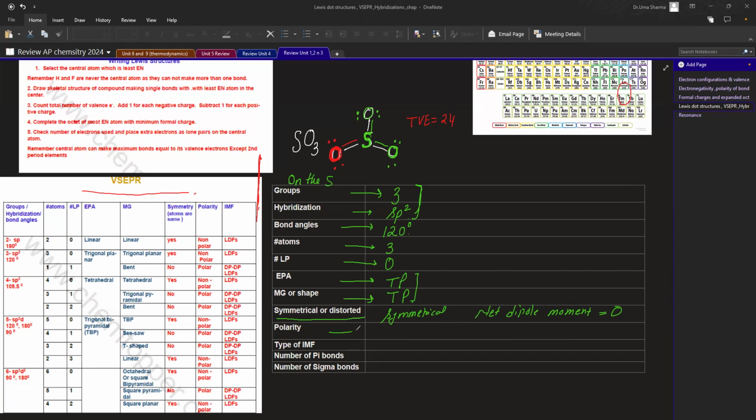So the molecule is polar or non-polar? It is non-polar. So what type of IMF does the molecule have? Only LDFs. How many pi bonds? 3. How many sigma bonds?